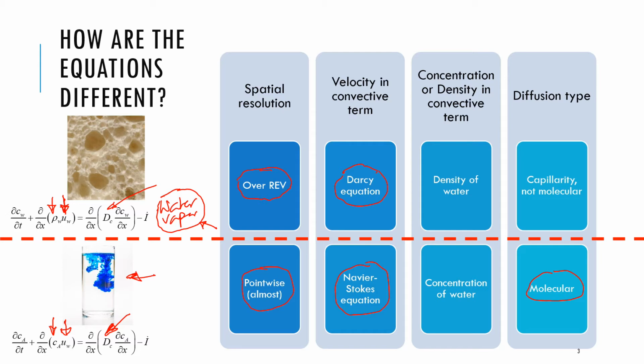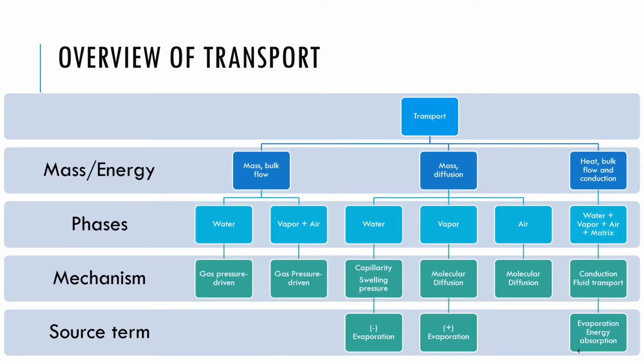Now, instead of water, if it's vapor, then vapor would be diffusing, but only in the empty space, the space that is occupied by the gas. So even though the equations look the same, each term is slightly different. Their interpretations are different. We need to be careful about this.